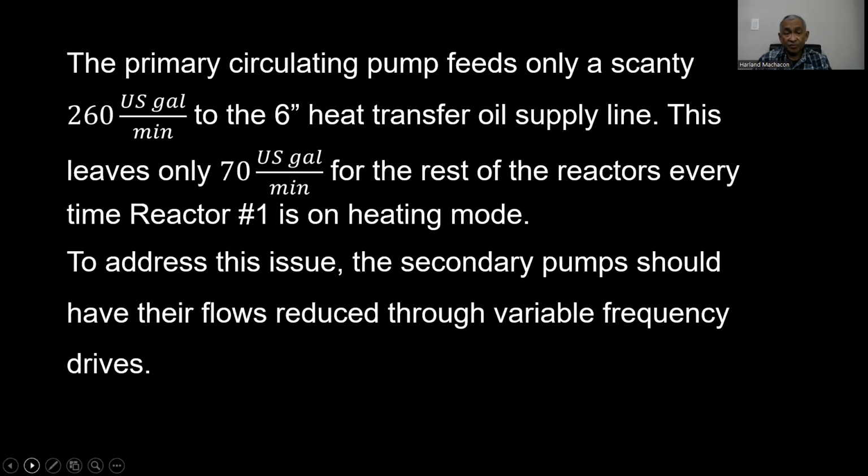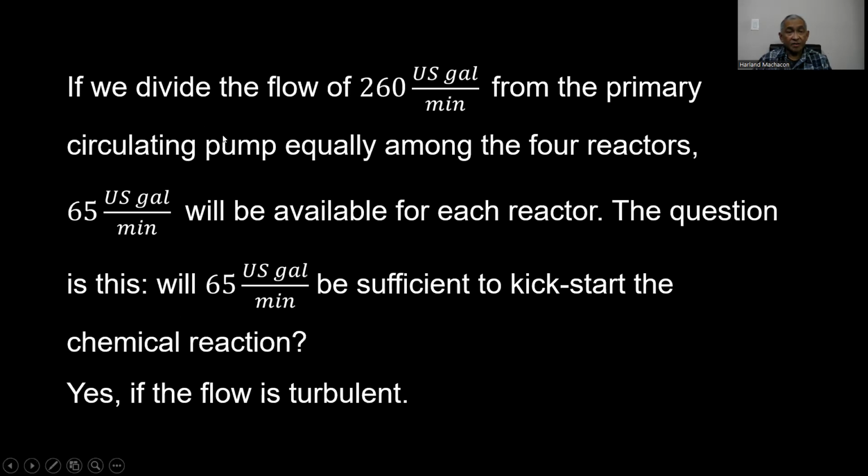To address this issue, the secondary pumps, all of them, should have their flows reduced through variable frequency drive. If we divide the flow of 260 US gallons per minute from the primary circulating pump equally among the 4 reactors, 65 US gallons per minute will be available for each reactor.